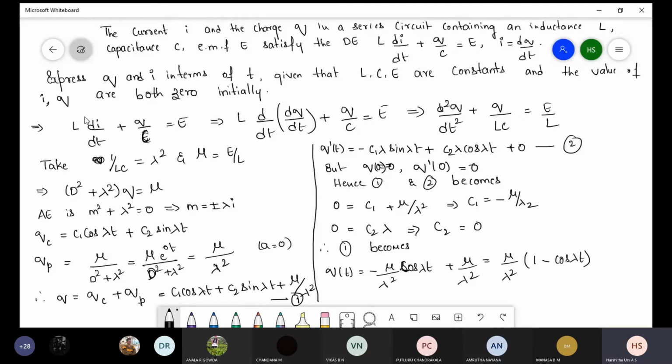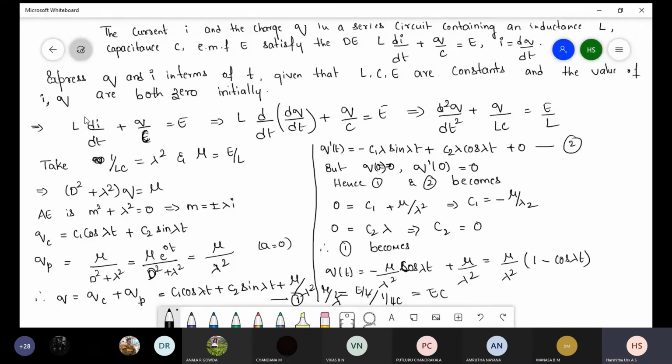So again here, we all know that mu is E by L, lambda square is 1 divided by LC. So here L will get cancelled, we get EC for mu by lambda square.